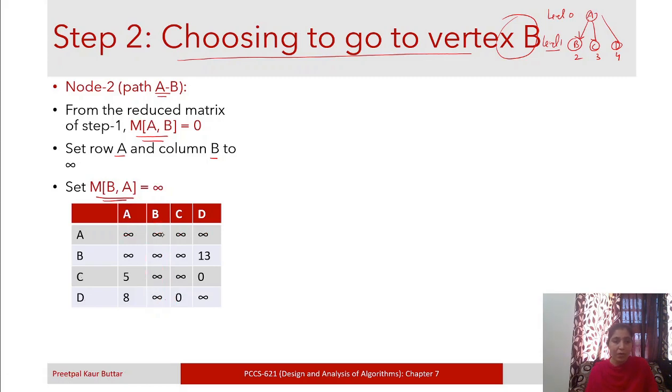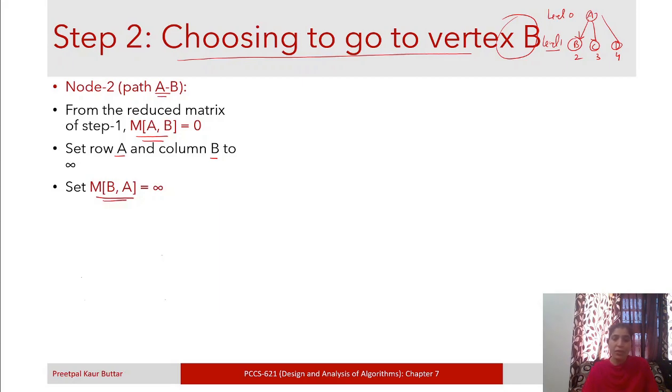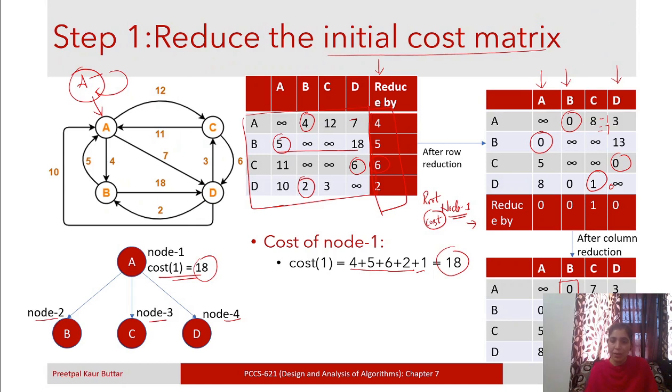Okay, so we have set this cost as infinity, and we are also setting B comma A this value to infinity, and the rest of the values are the same as the reduced matrix from step 1.